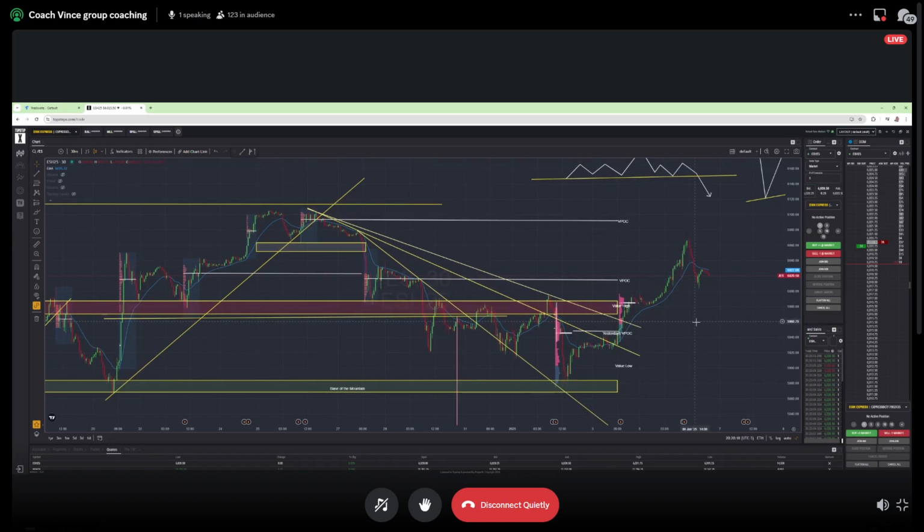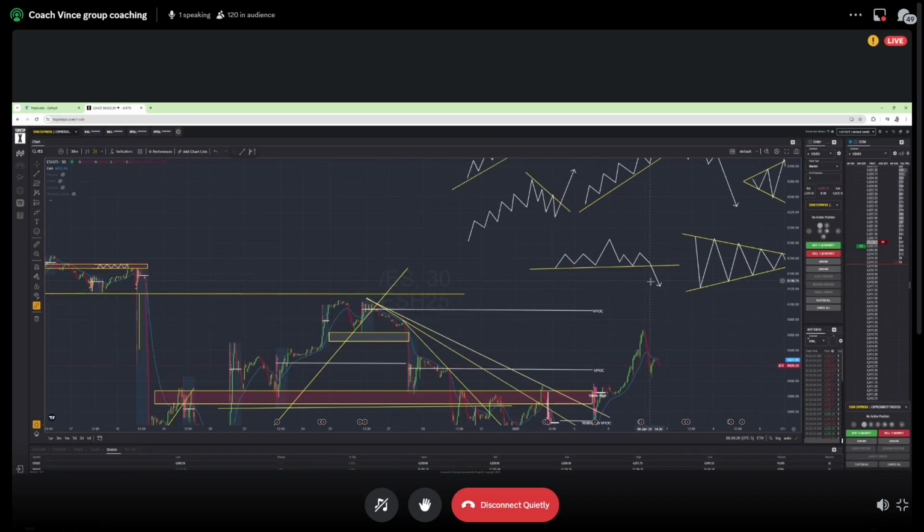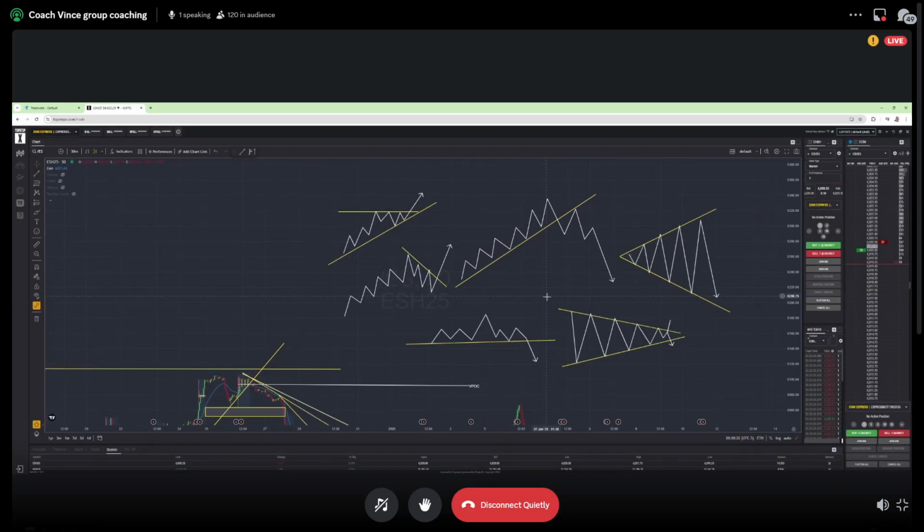All right, but let's go over some of the most common patterns that we see in these markets. Anybody know what this pattern is here? Ascending triangle. Very good. What's this one here? Bull flag. Very good.